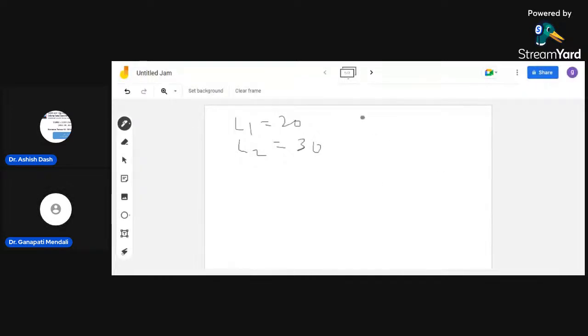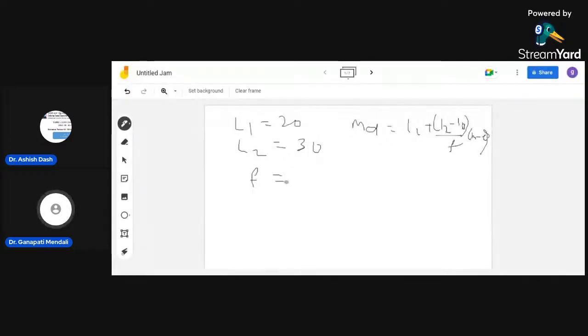Median is L1 plus (L2 minus L1) by F, into (M minus C). L1 we know, L2 we know. Next, what is F?